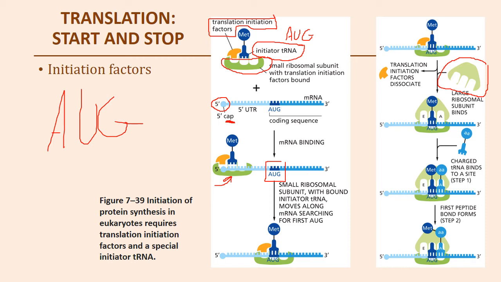Either way, if you come on over to the second part of the illustration, you can see that once the AUG, the start codon, has been identified, we can get rid of our translation initiation factors, and when that happens, it will recruit over the large ribosomal subunit, and it's almost like a clicking action.